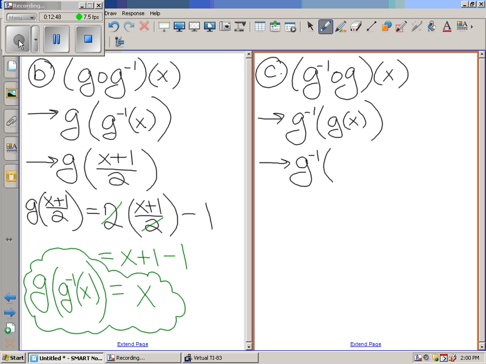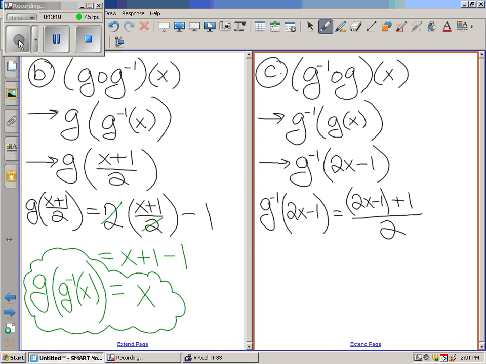How much was g of x worth? I think it was 2x minus 1. Let's take that, let's sub it in. g inverse of 2x minus 1 equals 2x minus 1, plus 1 over 2.